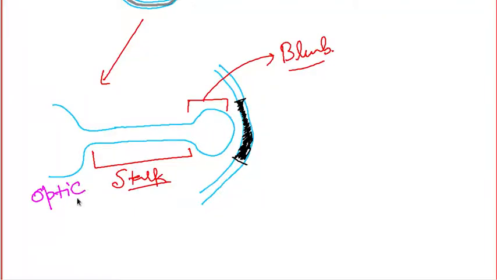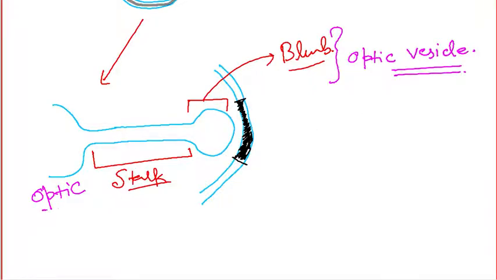We call this stalk the optic stalk, and the bulb-like structure is the optic vesicle.